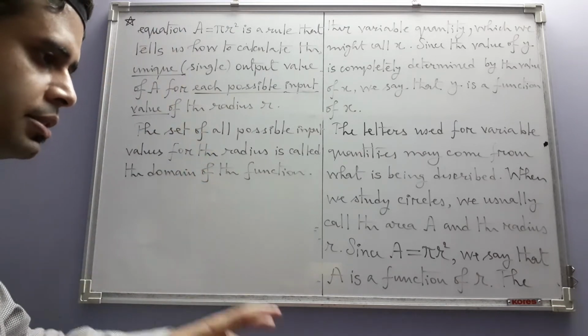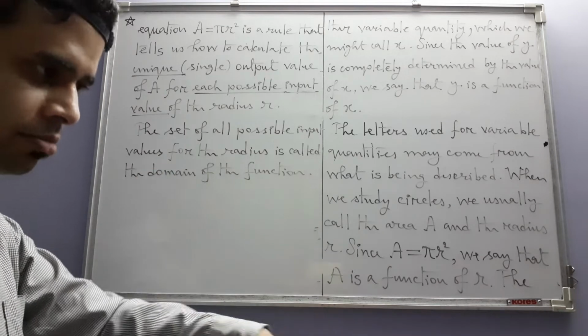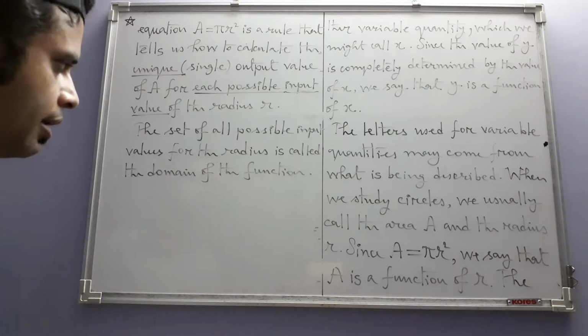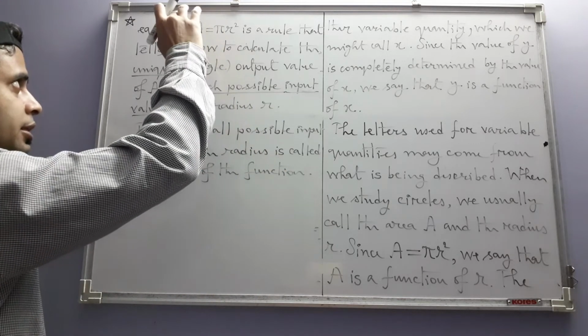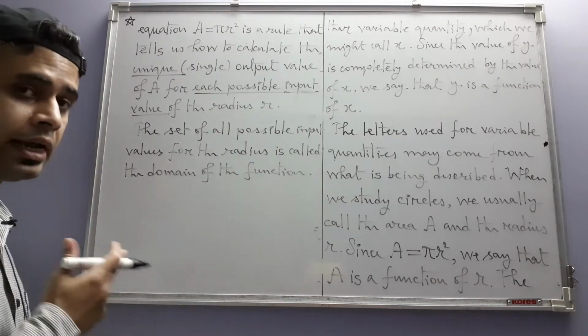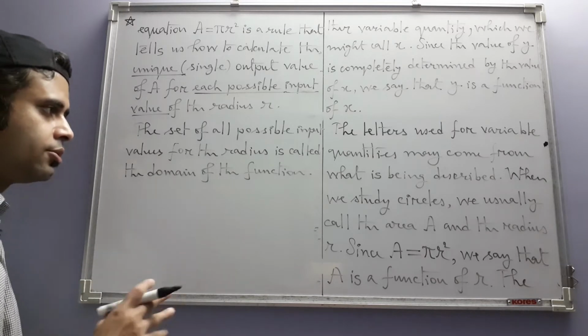The domain is the set from where the inputs are coming. The possible values for the independent variable are coming, and the values that we get for the dependent variable form the range of the function. Okay, so these are some terms related to a function.